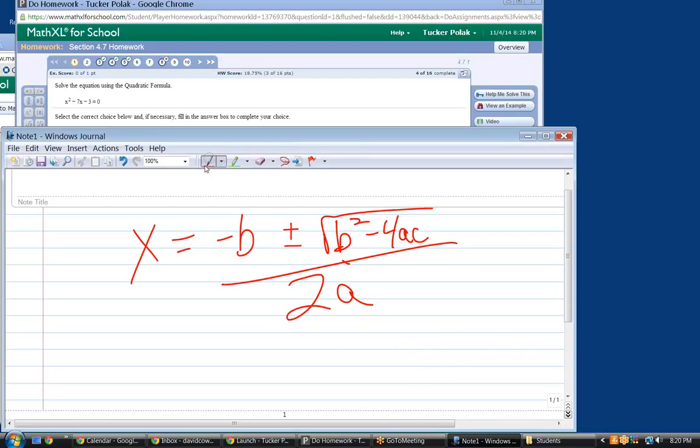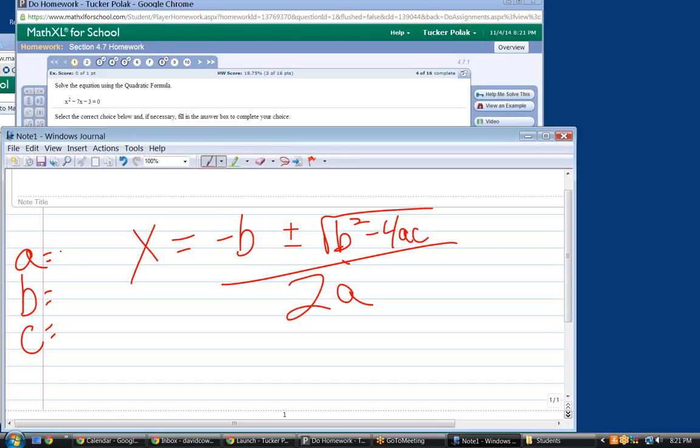So, in our equation, what is a, b, and c? These are all coefficients. These are all numbers. A, b, and c are always numbers.